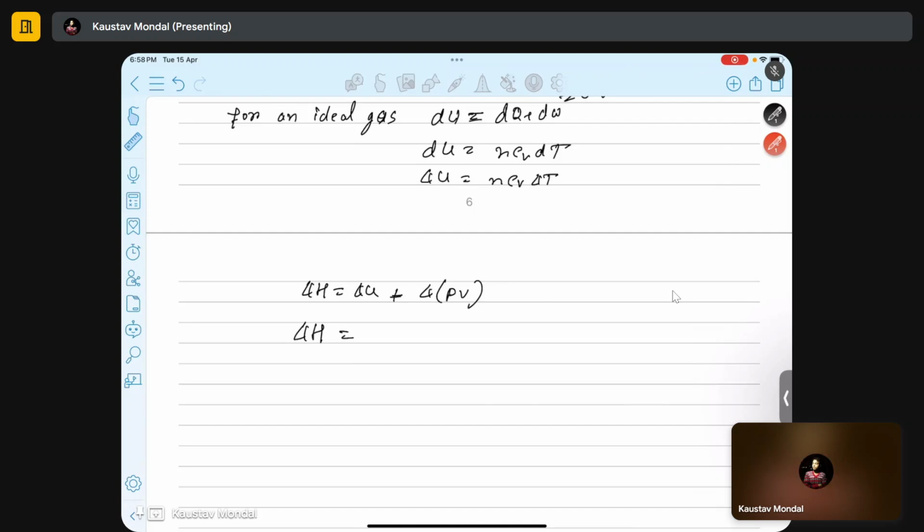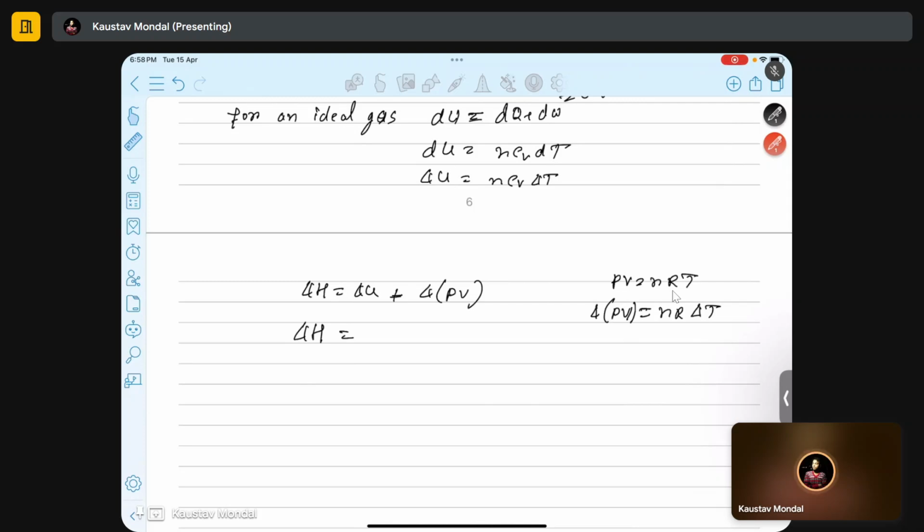We know PV equals nRT, so delta PV equals nR delta T. As n and R are both constant, nR is kept outside the change. So delta PV equals nR delta T.